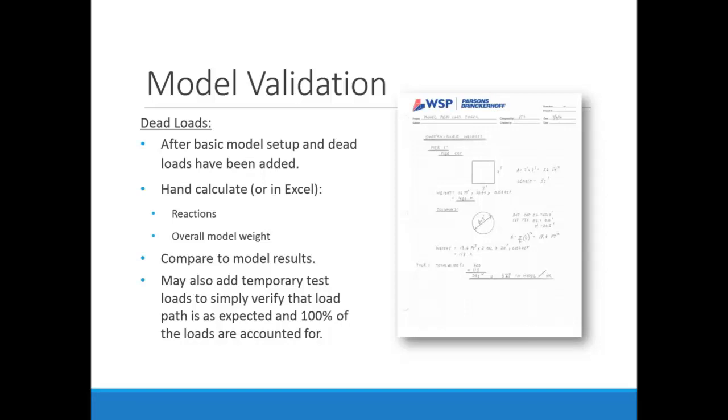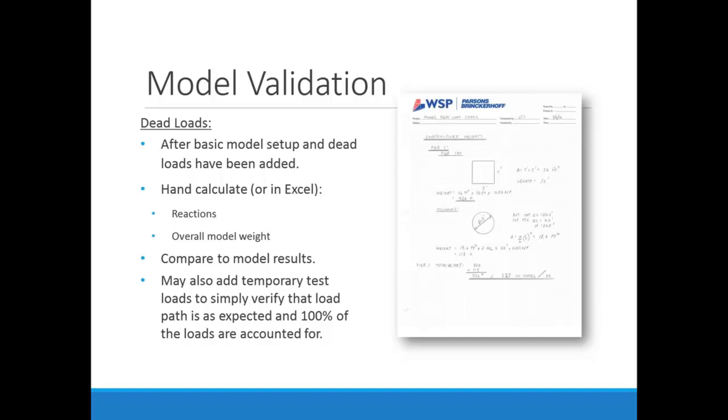Some things you can do are hand calculations, or you may already have it built into your Excel, to verify your reactions and model weight, and then compare that to what you're getting out of the model. I've got a little back-of-the-envelope calculation off to the right here showing a simple calculation for a pier weight. Very simple, quick calculations like that help you see if your model is making sense.